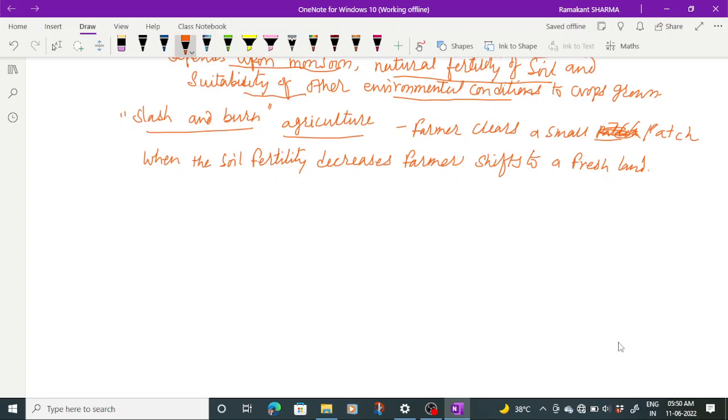This allows nature to replenish the fertility of the soil through natural process.